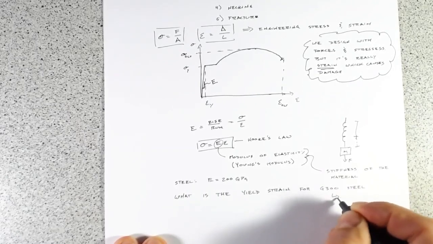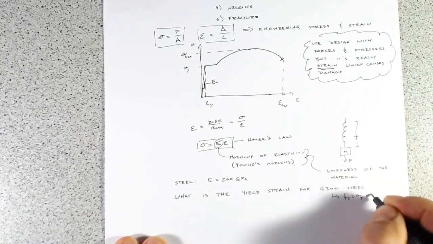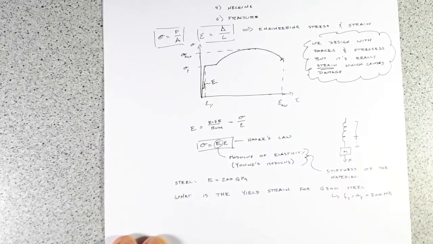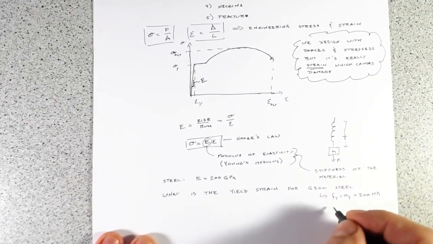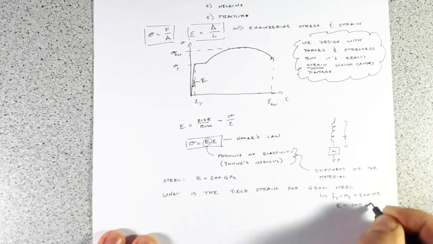For grade 300, Fy equal to sigma y equals 300 MPa. That's given, just by definition. And E equals 200 GPa.